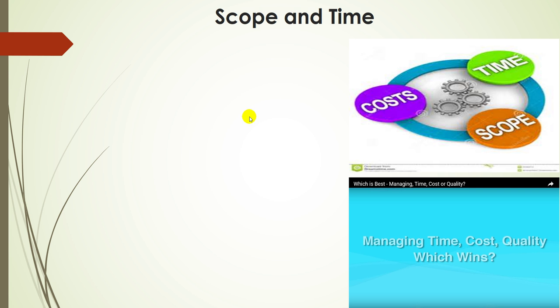Okay, at the beginning, we are talking about the scope, time, and cost for each of these steps of the product or application development. Based on the scope, decide how much time to spend on each of your design activities.